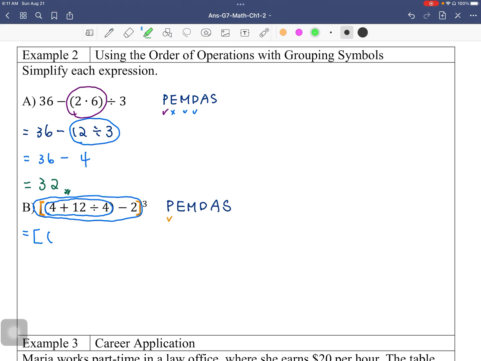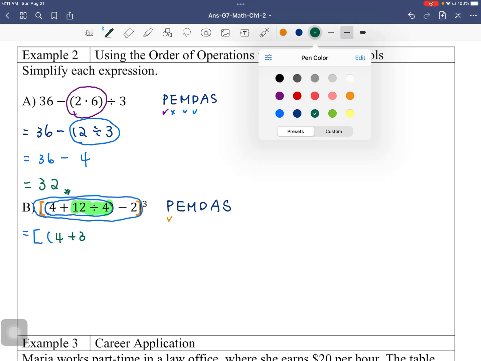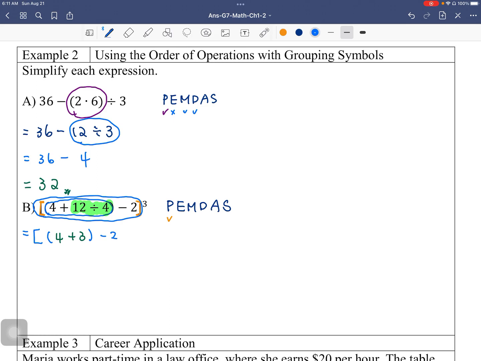And within the inside, again, I use PEMDAS. So I want to do division first. 4 plus 12 divided by 4 is 3. 7 minus 2 to the power of 3, 5 to the power of 3 is 125.